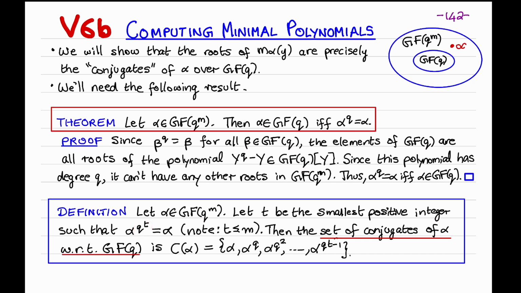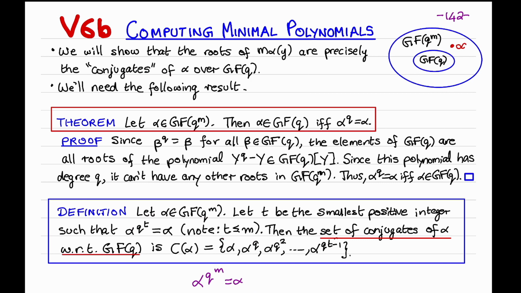I'll note that t is well defined. This is because by the corollary to Fermat's little theorem, we know that alpha to the q to the m equals alpha. And so there exists a positive integer t such that alpha to the q to the t equals alpha. Hence, there must be a smallest such positive integer t. And in fact, t is at most equal to m.